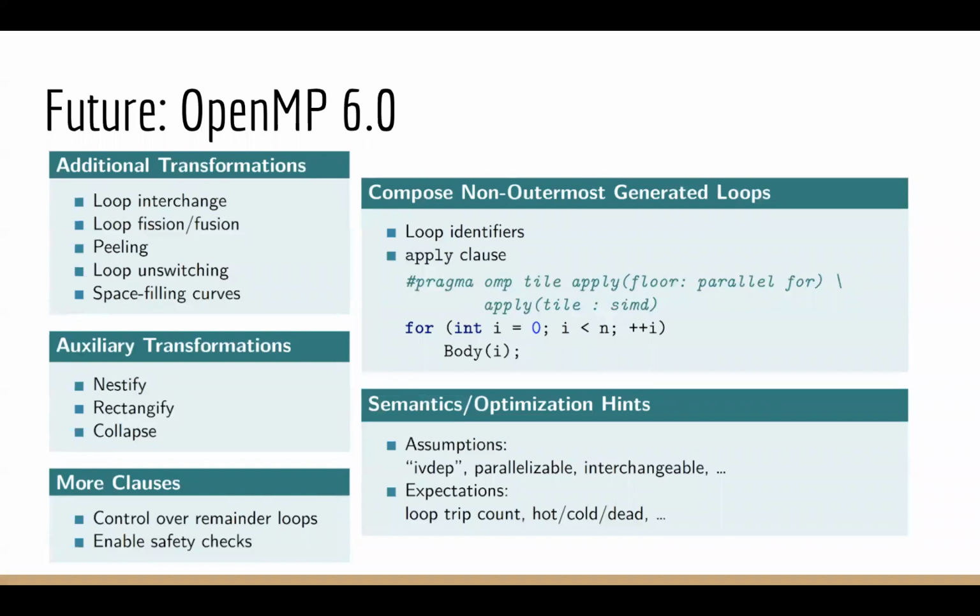So at the moment, this is possible, but just to the outermost loop of the generated loops. And as illustrated on the right, there's going to be an apply clause, which allows you to apply more transformations, or a loop directive like pragma omp parallel for on any loop as well.